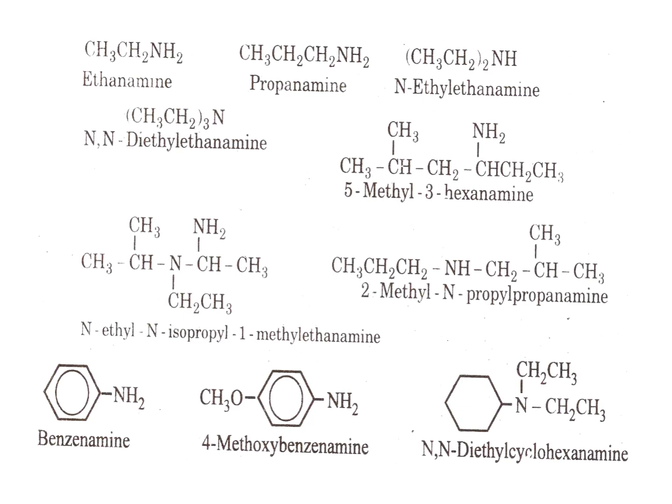Similarly, the fourth example resembles the third example. In this case, nitrogen is connected to three ethyl groups. One of these alkyl groups will become part of the parent name, and the other two ethyl groups will become substituents.